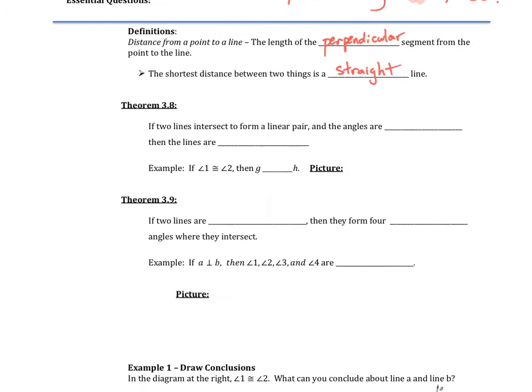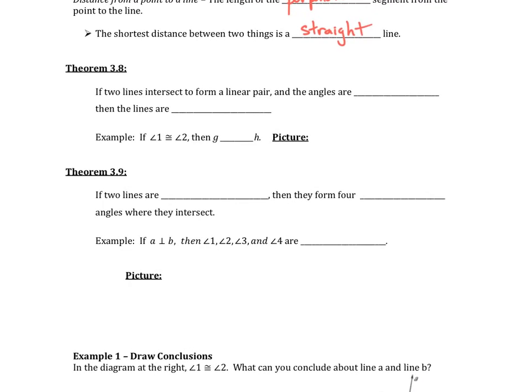Theorem 3.8 says, if two lines intersect to form a linear pair and the angles are congruent, then the lines are perpendicular.